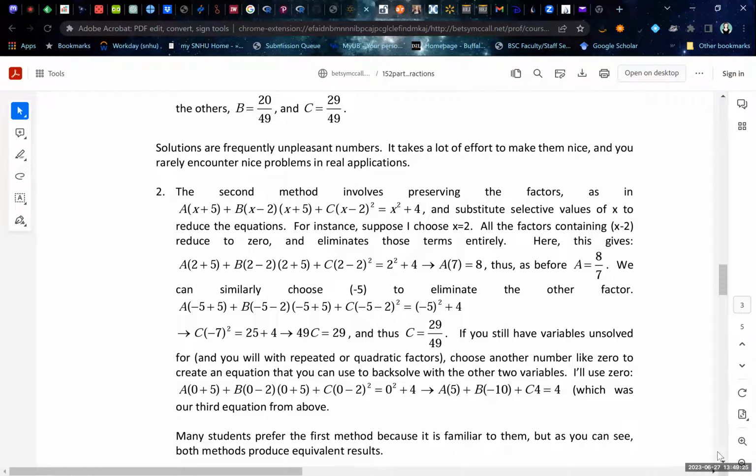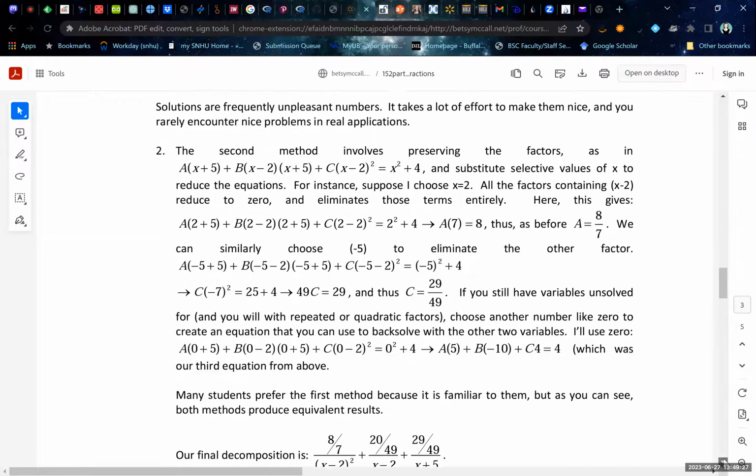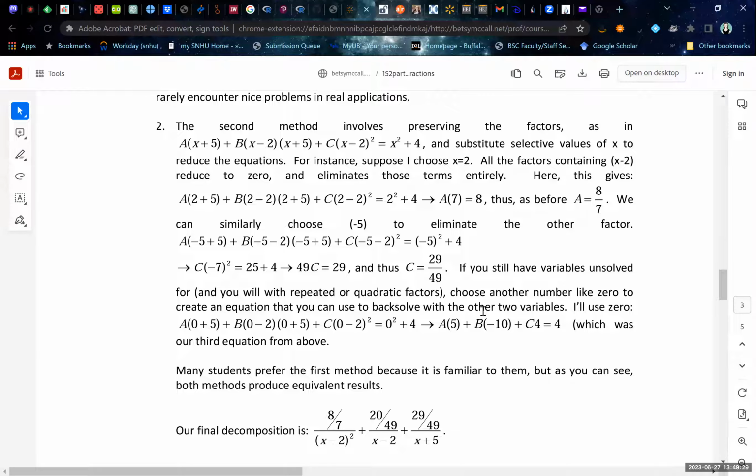Now, it just depends on what you're familiar with. The first procedure that we found was the typical way that this often gets taught. This is a little bit of a trick, but that doesn't necessarily always work. As you'll see, if you have repeated factors, you may have more things that you have to worry about. And so you may not be able to solve for all of the coefficients.